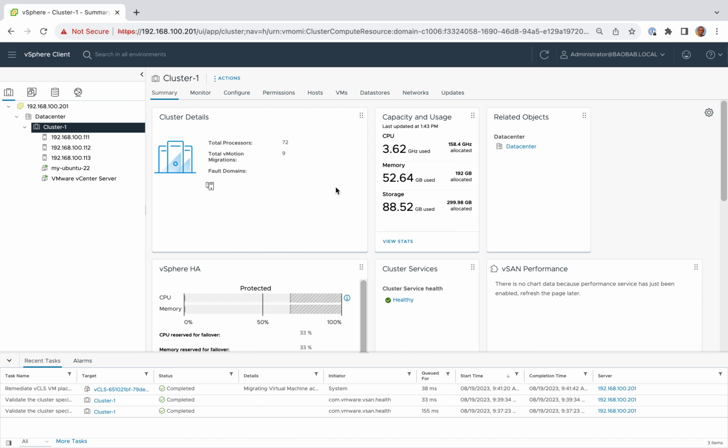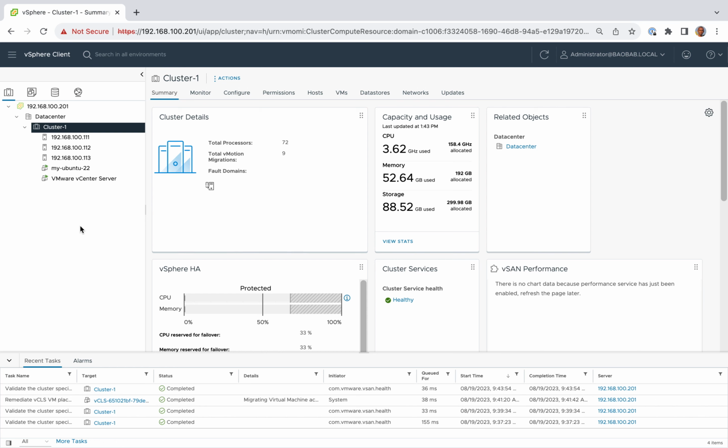Hello. This is a hyper-converged environment. We have three physical hosts, 111, 112, 113, and we have two VMs for now. Now, these physical hosts, in a typical sense, would be in a rack within your server room or in a data center.